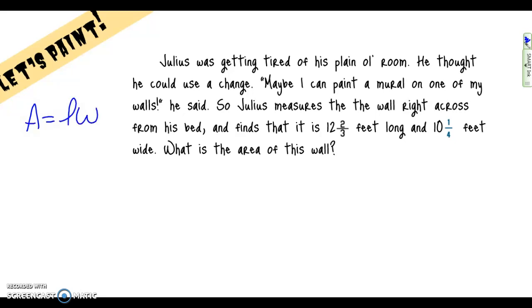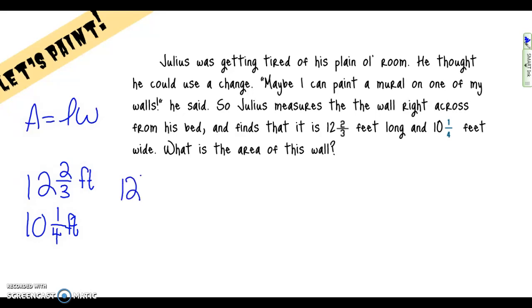So the length of this area is 12 2/3 feet. All right, we know the width is 10 1/4 feet. Okay? So all we have to do is lay this out the same way we laid the other ones out.